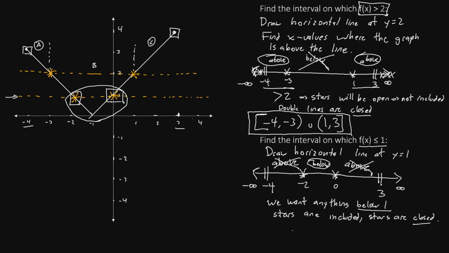So our answer will be [-2, 0]. Now once again, we said the stars are closed because the inequality said less than or equal to is okay. Therefore, the stars are included in the answer, and we represent that by drawing a square bracket around the numbers. So this one piece is the interval where the graph is below or equal to 1.